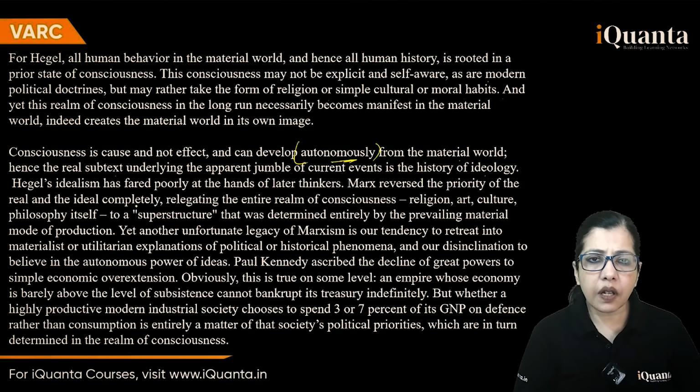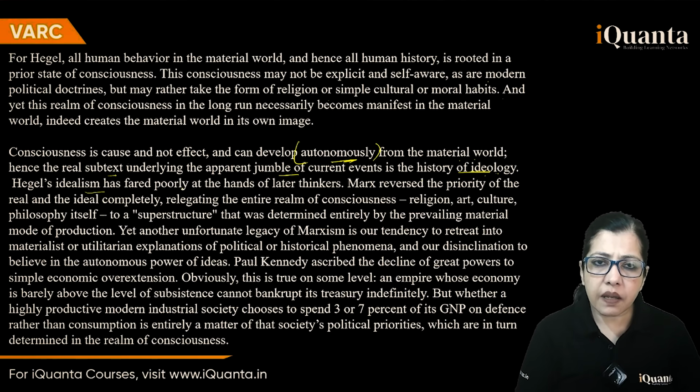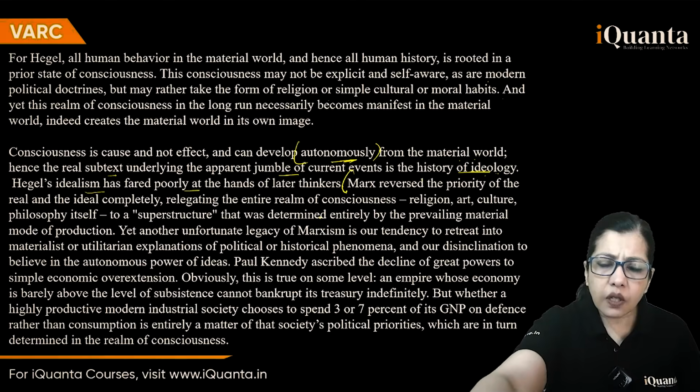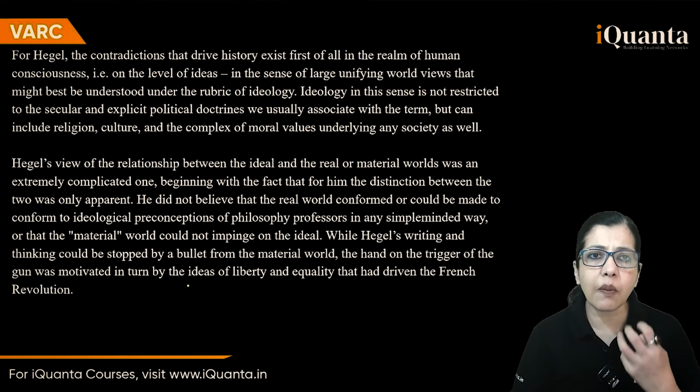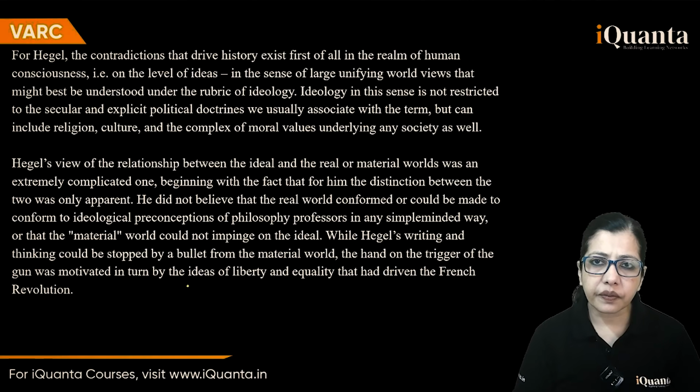Here. So consciousness is cause and not effect, material world, real subtext, apparent jumble, history of ideology. Hegel's idealism had fared poorly, and then Marx comes into the picture. So we cannot go here. Autonomous wala, then you need to look for it in some other para as well. और क्या बोला है उसने उससे connected.